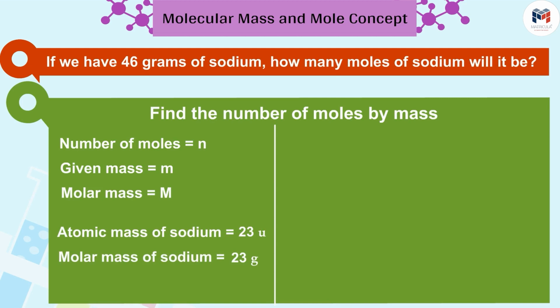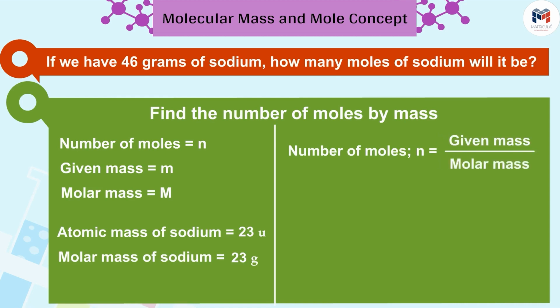Therefore, we can find the number of moles by dividing the given mass by the molar mass in this way. We can see that 46 grams of sodium will have 2 moles of sodium.